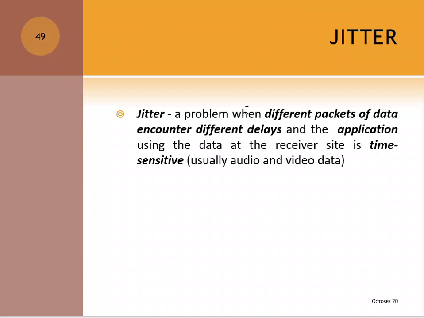Bila kita nak tengok online streaming video audio, kita akan nampak jitter tu, yang you panggil buffer tu lah. Disebabkan oleh different packets of data encounter different delay, packet yang sampai kepada device you berbeza delay dia, jadi you akan experience jitter.